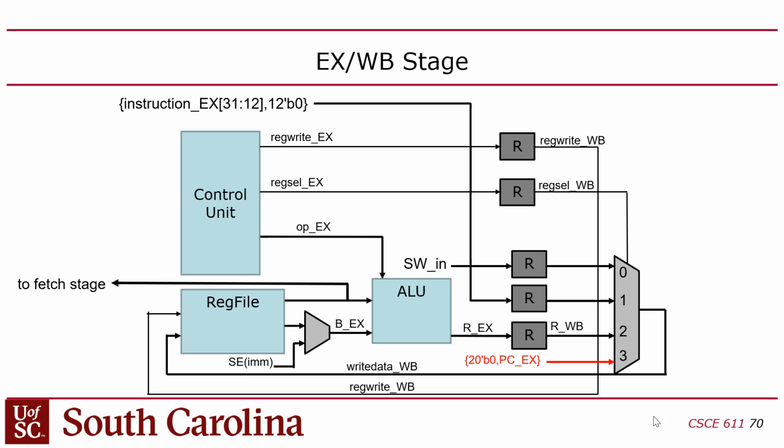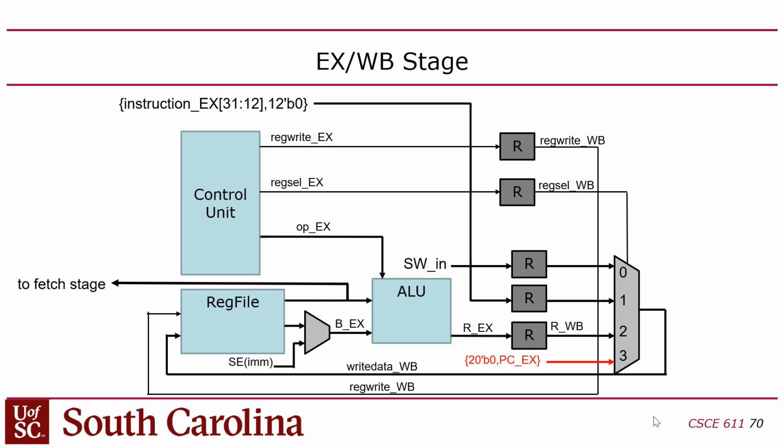And we've added an option 3, which is the program counter EX, which again is weird because normally stuff in write-back has the _WB, but here we deliberately want to grab something from the execute stage to use in the write-back stage because we're referring to the link instruction, which is one cycle behind. Does that make sense?